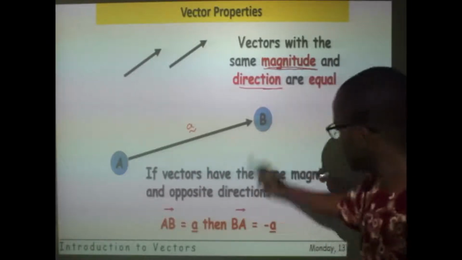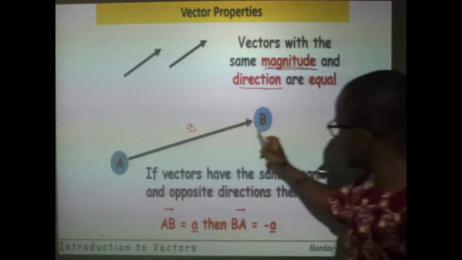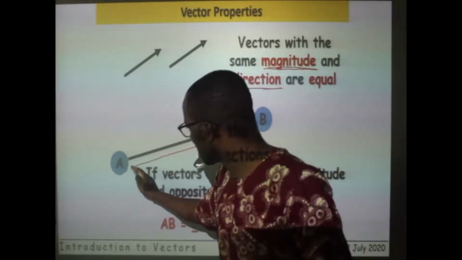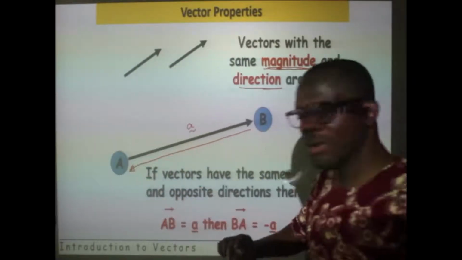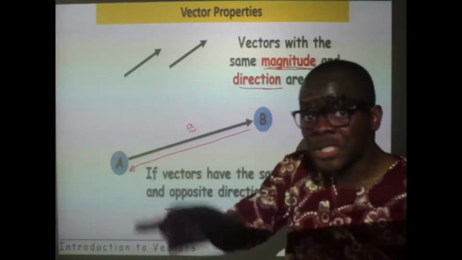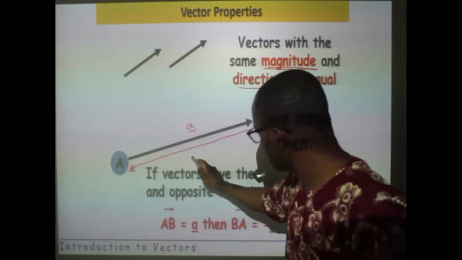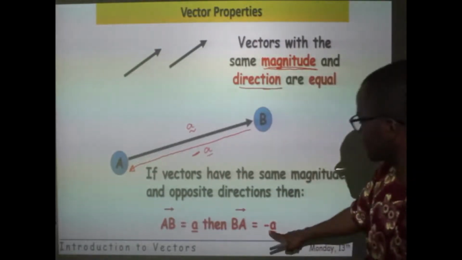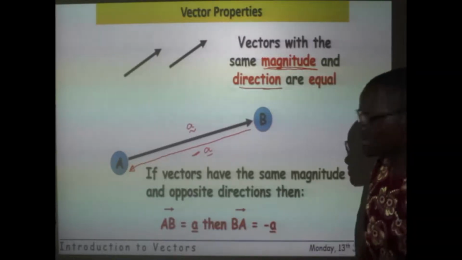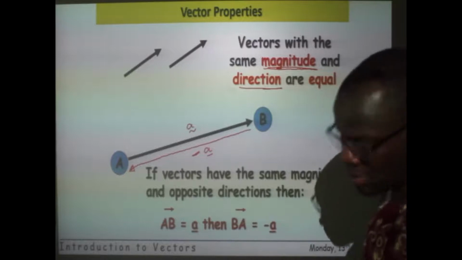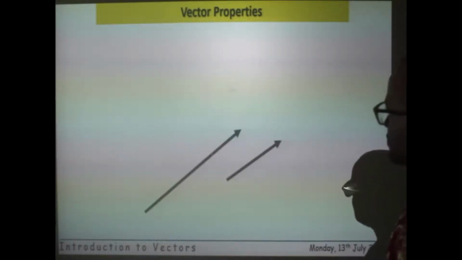So AB is your A, then BA will point in the opposite direction. Although it's the same size, because it's pointing in the opposite direction, now it will be minus A. That's why BA there is minus A. So take note.